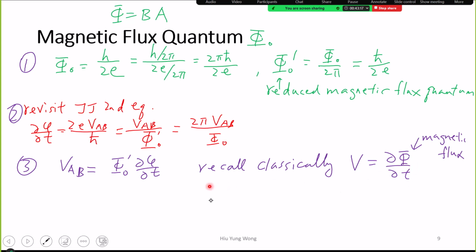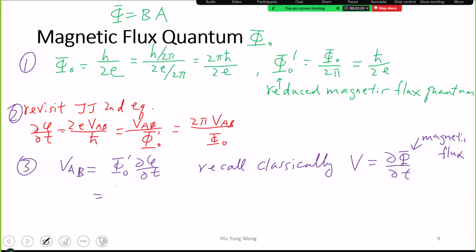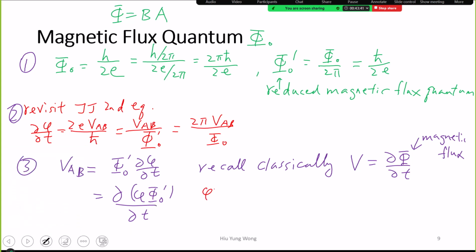Partial flux, partial t. Do you see they are very similar? Why is it similar? Because what if I put phi times phi dash, the whole thing, partial t. So it looks like this is the flux. This guy, the phase, times the reduced flux constant, which is the phase, let me call it JJ phase.